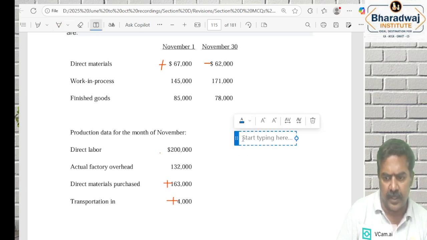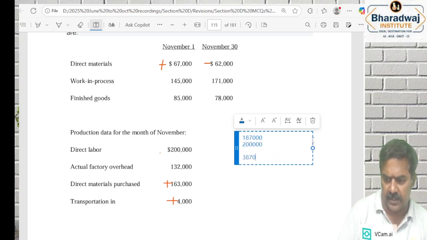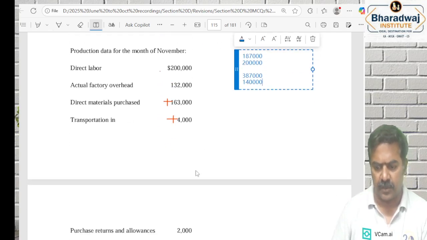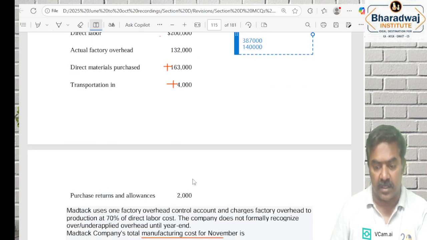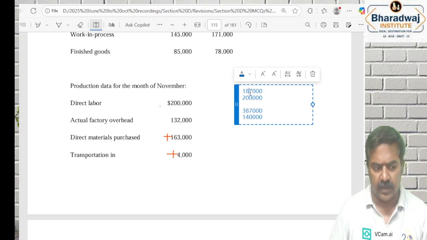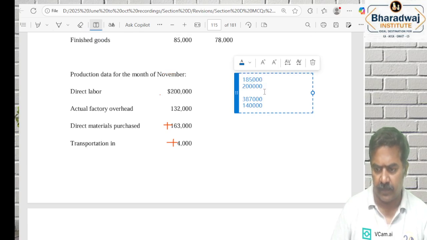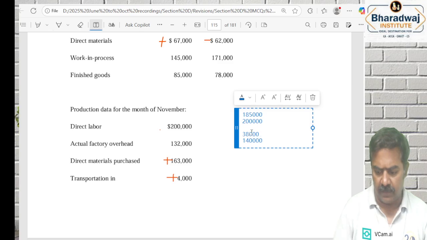Add direct labor, 2 lakhs. You get prime cost 3,87,000. Factory overheads are 70% of your direct labor. Oh, purchase returns are also given, minus 2,000. This is 70% of labor.